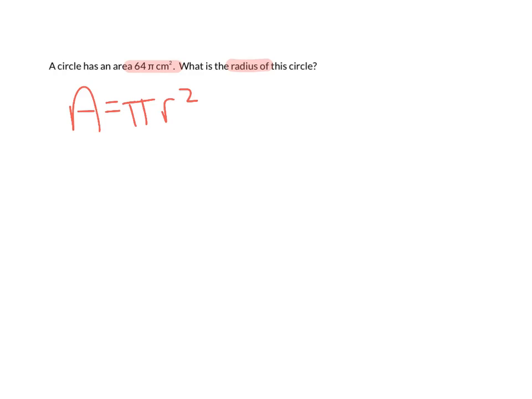So now we're going to take that 64 and plug that in for A, because what we're trying to solve for is R. So let's take 64 pi centimeters squared as our area, and that's going to equal pi times radius squared, okay?